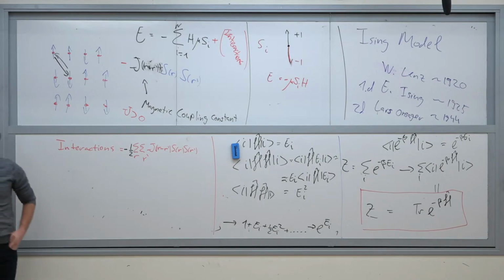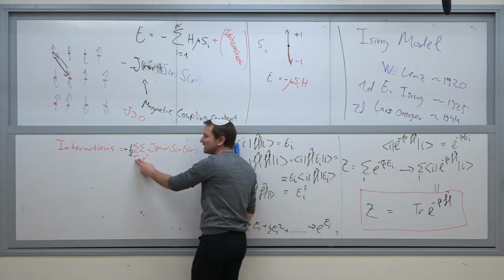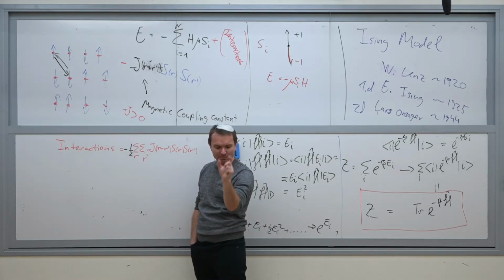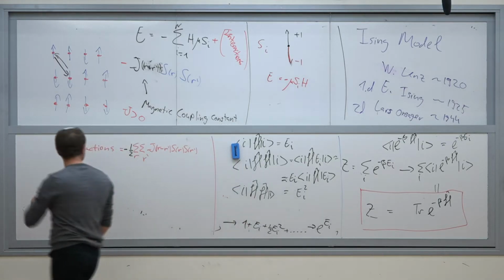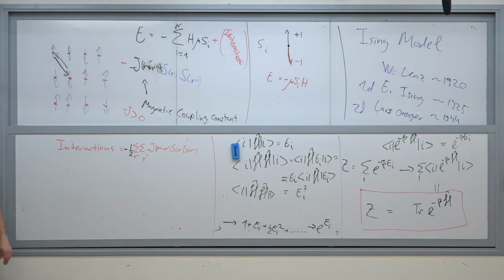Because I don't want to double count, and I don't want to restrict my counting, because I want to take any pair of the spins only once. So now we have this interaction term. Eventually, I can write down the total energy of the system.